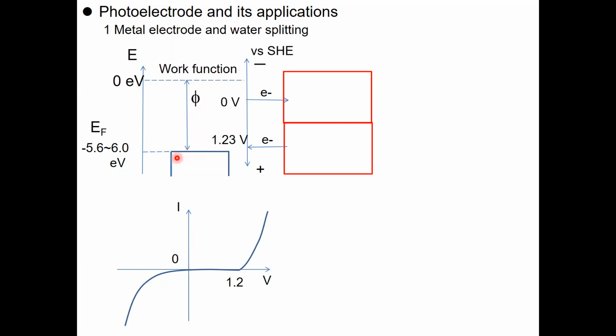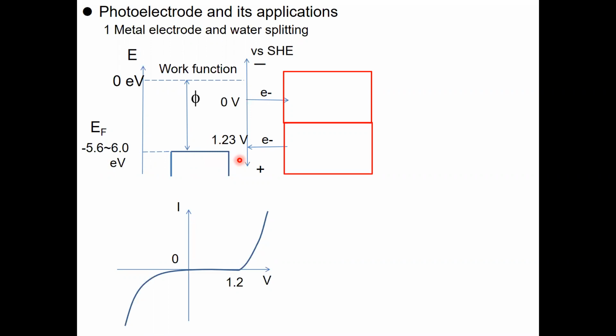For the metal case, it's typically around -5 to -6 electron volt for water oxidation. Since this is a metal electrode, as we studied, this Fermi energy can be moved around by applying the potential.